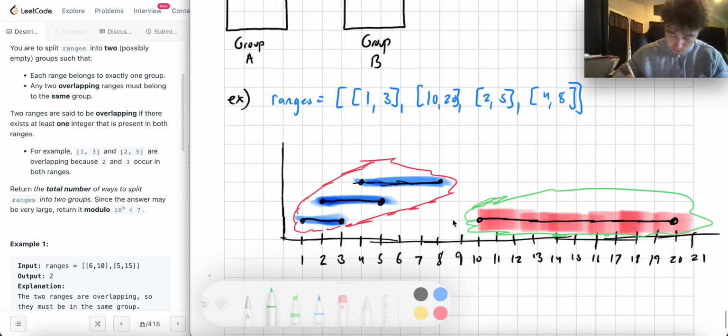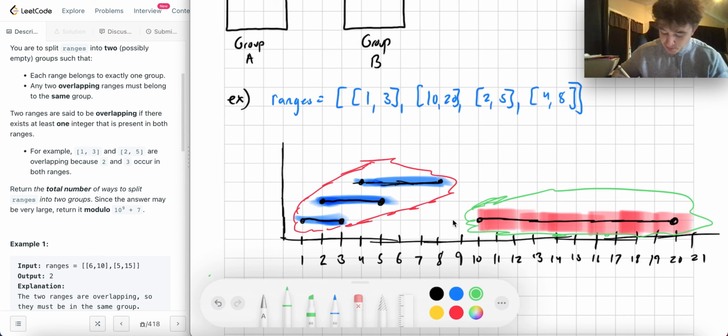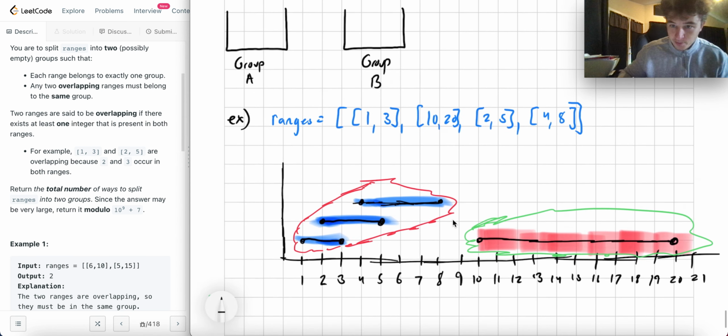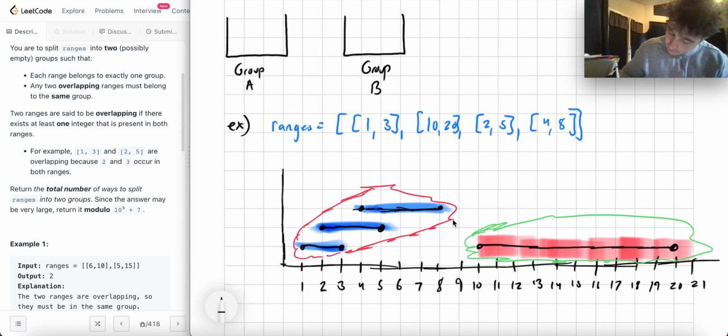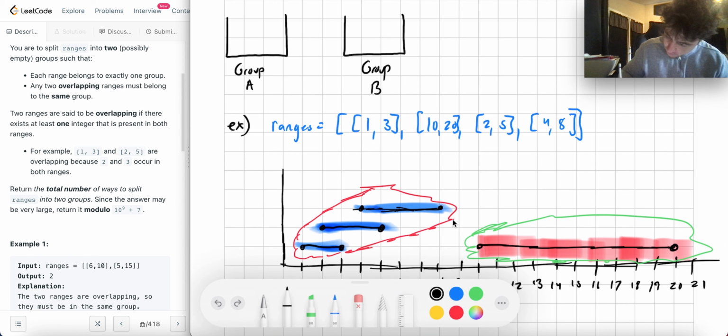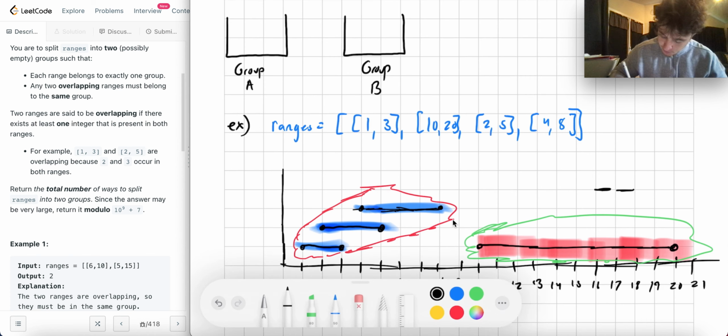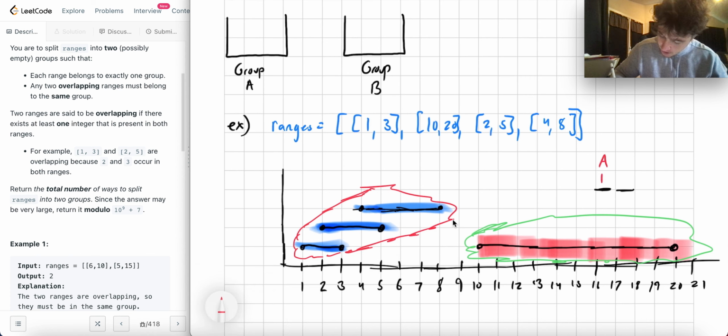Well, we could exhaust all possible ways, but they can independently go in either group. So if I have two bundles, I guess the general formula, I'm trying to think about how I'm going to do this, right? I have my first bundle and my second bundle. My first bundle can go in A or B, and my second bundle can go in A or B. So there's two ways to do the first thing, two ways to do the second thing.